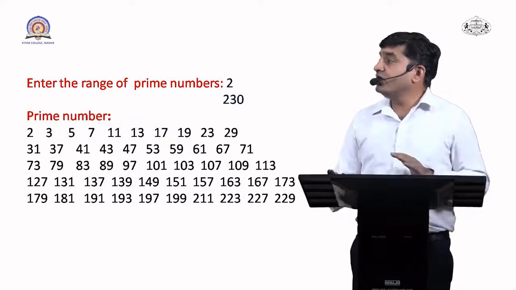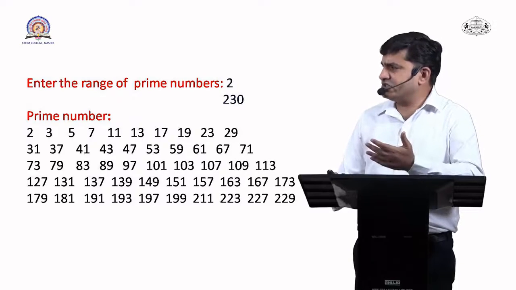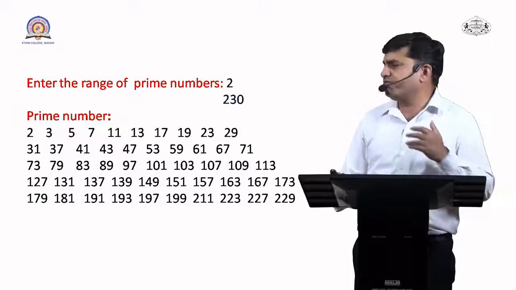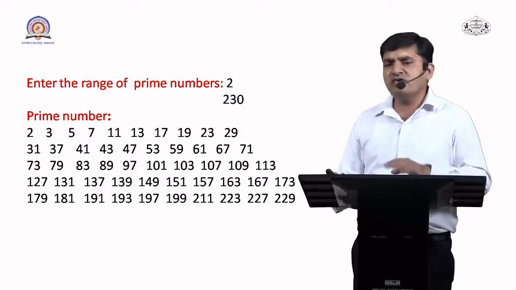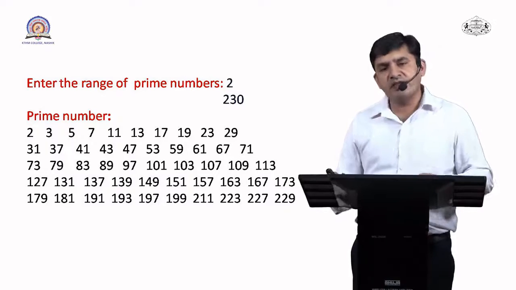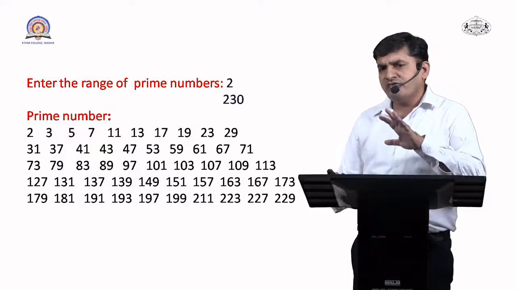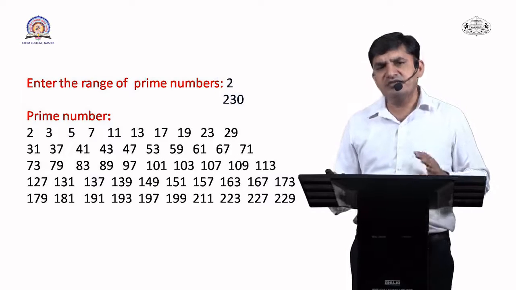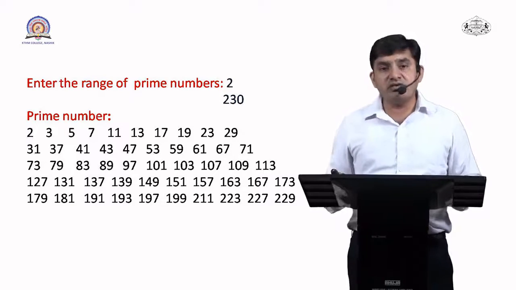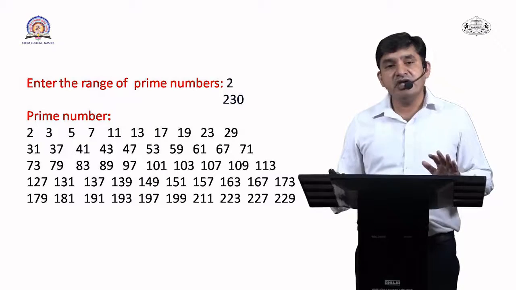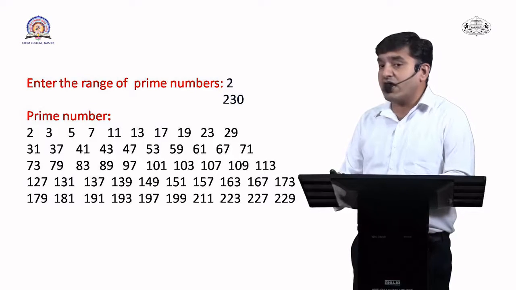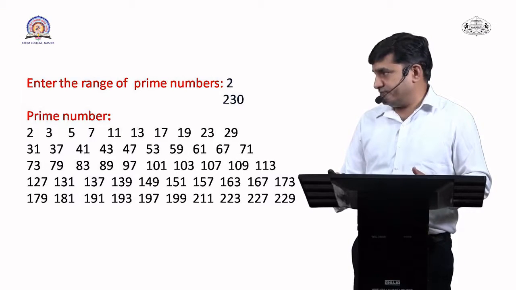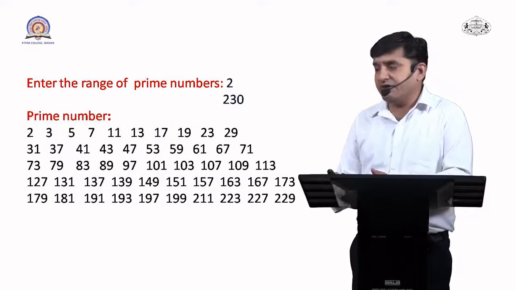Now printf, the message prime number, this message is displayed on the screen by using this output function printf. Now the first for loop. For that, the first step is initialization, that is n is equal to R1. n is less than or equal to R2, this is the final condition. n is incremented.